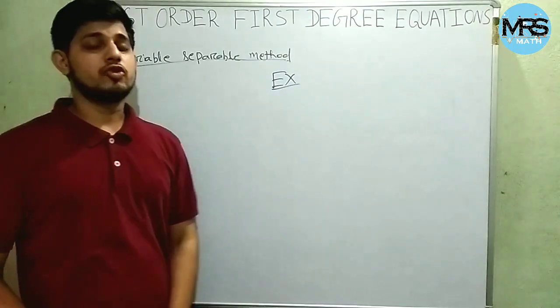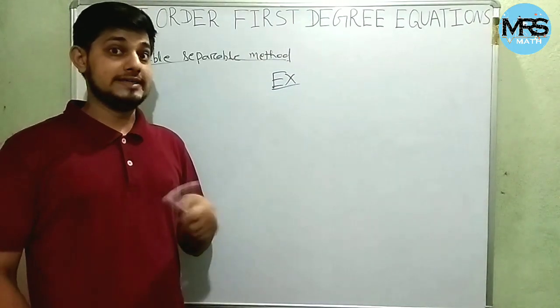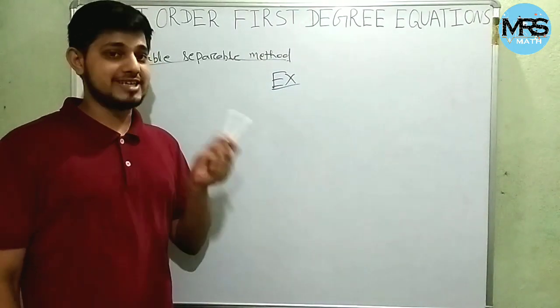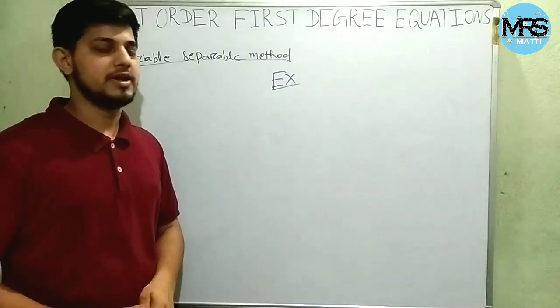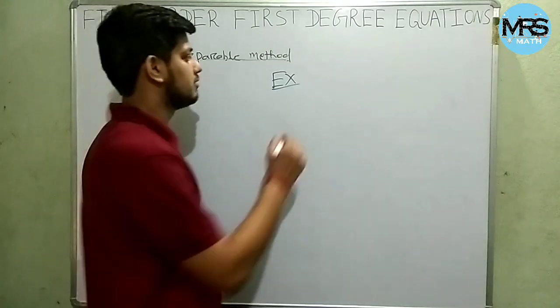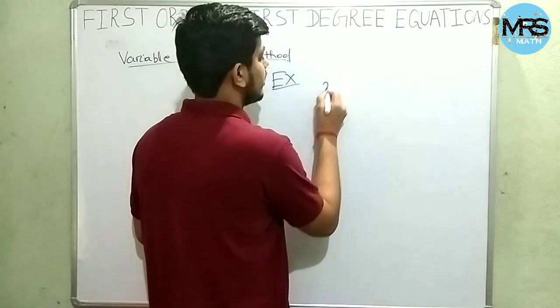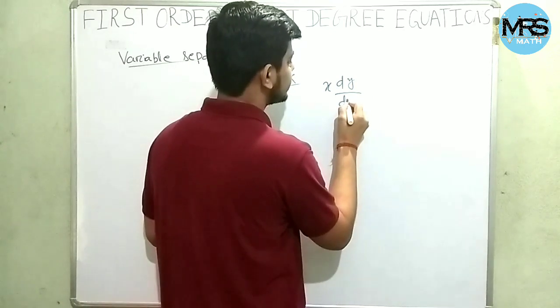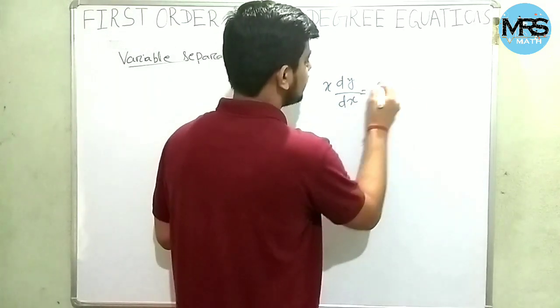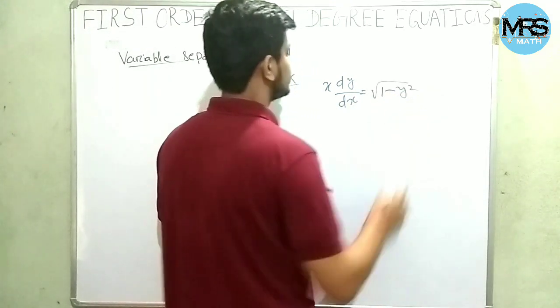Okay, students. So let us take another interesting example to understand variable separable. The differential equation is x dy by dx equal to root over of 1 minus y square.